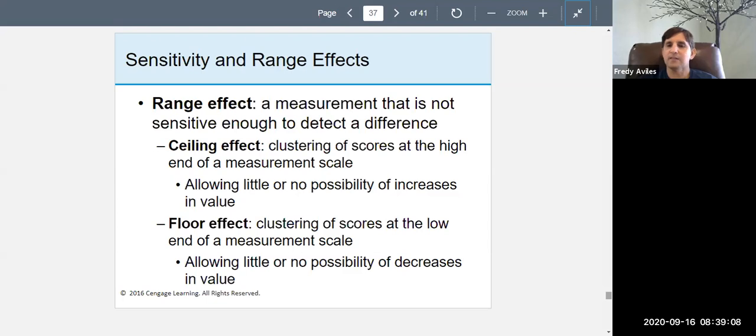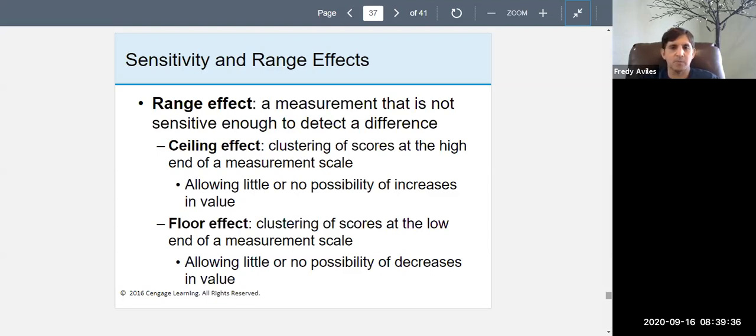If there's a floor effect, that's the opposite problem. All the scores are at the low end of the measurement scale, so it allows little or no possibility of decreases in value. And again, it becomes a problem when you want to compare groups or do correlations. If all the scores are low, it's hard to determine that. It's like when you give a test and it was too hard, and everybody scored in the 20s or something like that, or maybe even lower.